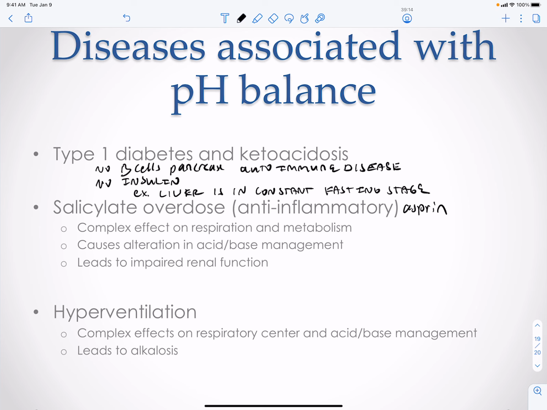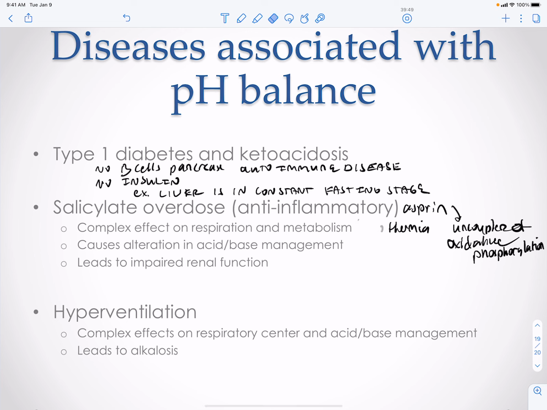this can cause hyperthermia, because aspirin is what is referred to as an uncoupler of oxidative phosphorylation. Basically, the electron transport chains in all your cells get shut down.